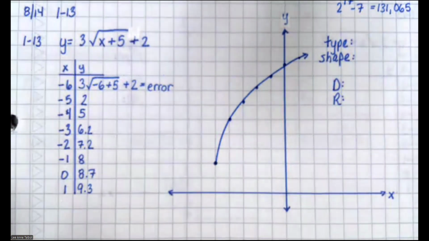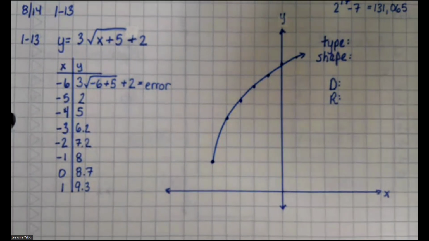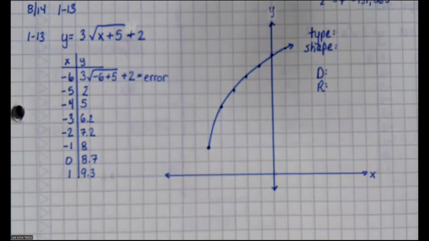Oh, there's 2 7.2s. Oh, so it is a parabola. Okay, so when the x is negative, then there's no y. You do the arrow to the right.